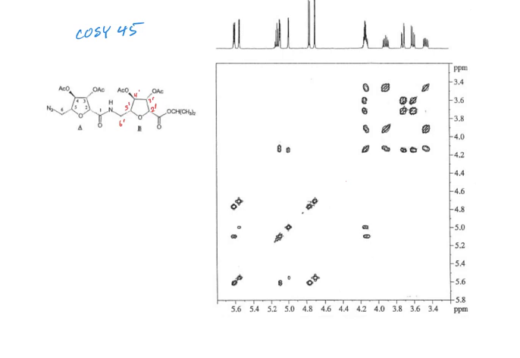I'm not sure that we can assign which is which right now based upon their chemical shift. So let's just say these are going to be the H2s, H2 and H2 prime. Okay, so let's just go from those.